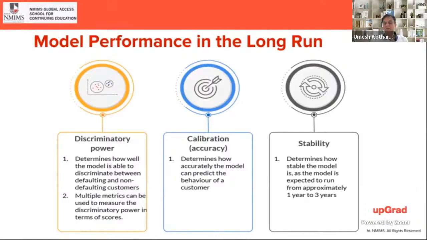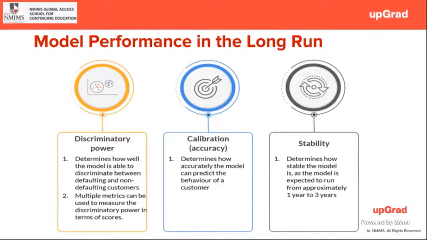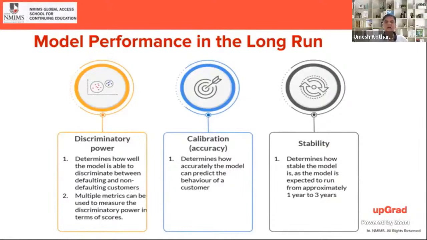And lastly, stability. What does stability of the model mean? For how long it can run correctly. How long is it going to hold its information to be able to give you the objective of detecting between fraudulent and non-fraudulent transactions or customers. If it's able to do that for a longer period of time, long term being at least a year, then it is said to be a stable model.